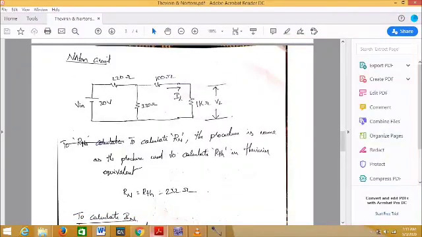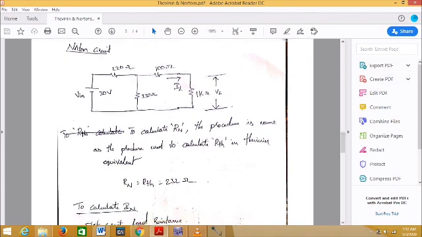See here, this is the actual circuit. To calculate RN, the procedure is the same as the procedure used to calculate RTH in the Thevenin equivalent circuit. Since the circuits are the same, the open circuited resistance will be the same, that is 232 ohms.